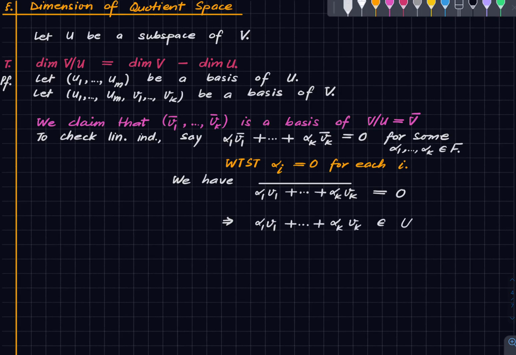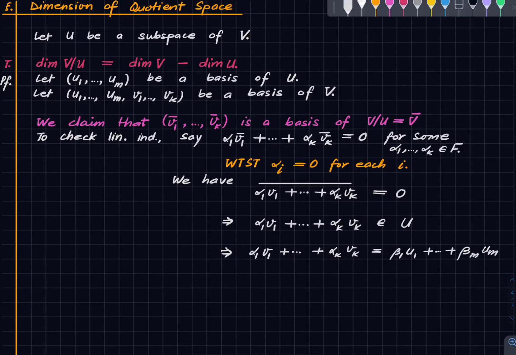this guy lies in the subspace. So this 0 was representing the 0 of the quotient space, and therefore this lies in U, which implies alpha 1 v1 plus dot dot dot can be written as a linear combination of ui's.